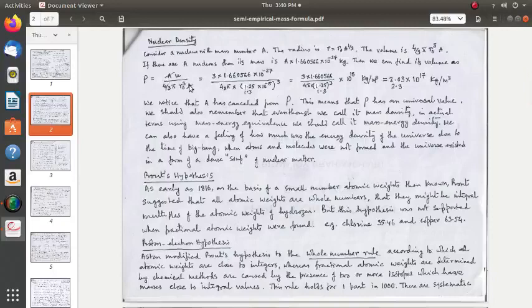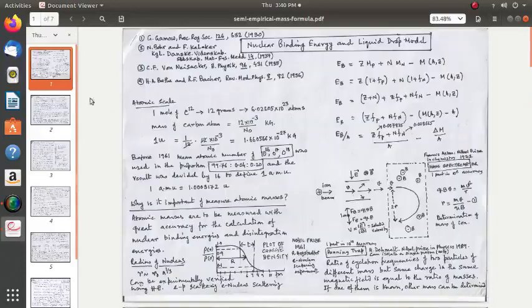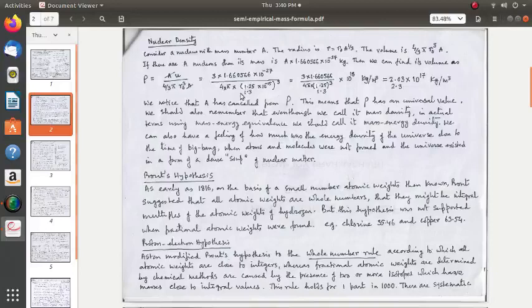Then we can substitute the values of u and pi and R0. R0 is slightly uncertain because we are measuring the charge radius and defining R like this. So we have used two different values of R0. One is 1.25 Fermi, another is 1.3 Fermi.